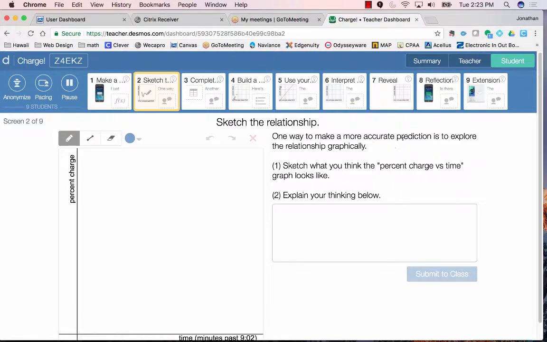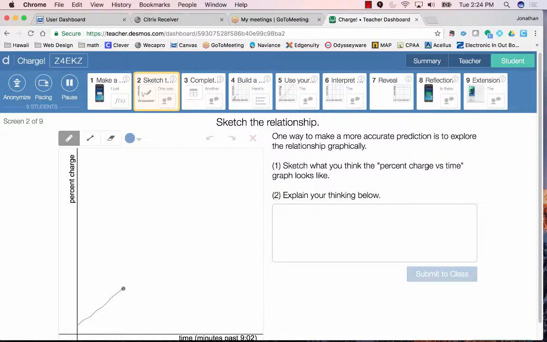So one way to make a more accurate prediction is to explore the relationship graphically. What do we think the percent charge versus time graph looks like? So here's time in minutes, and here's percent charge. If we're charging it, I think we would start off at like 5%.